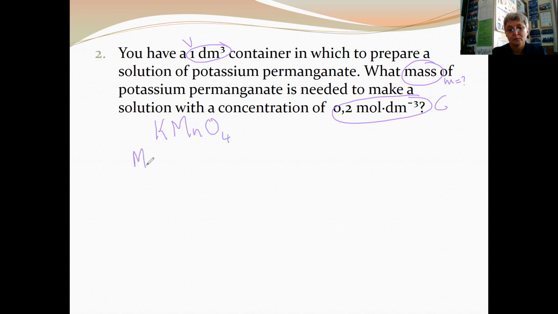The molar mass for potassium permanganate is 39 for potassium and 55 for manganese, and 4 times 16 for oxygen. It's 39 plus 55 plus 4 times 16, which gives us 158 grams per mole. The concentration is the mass over molar mass times volume.